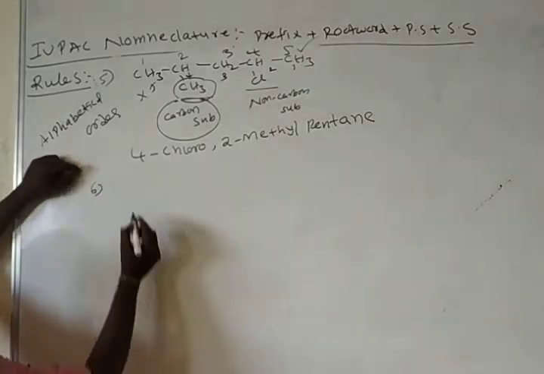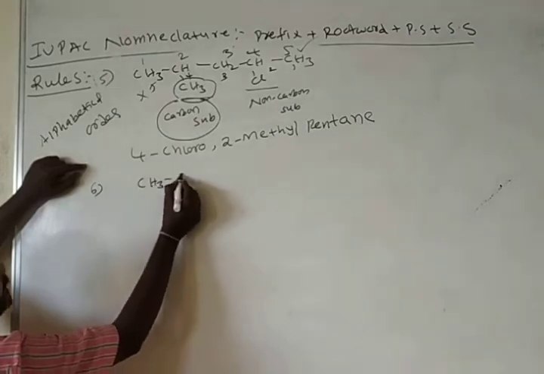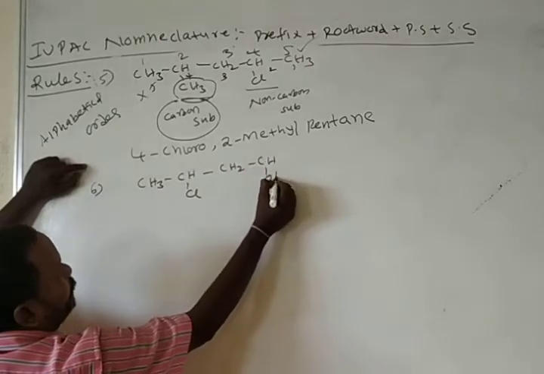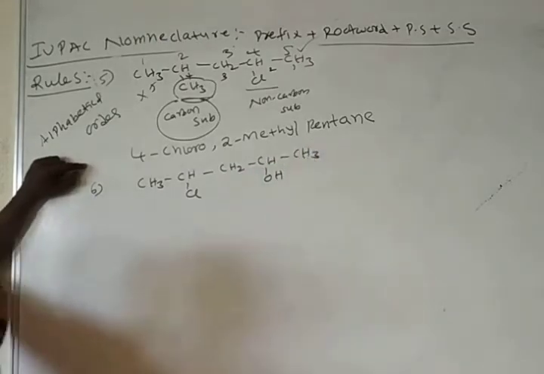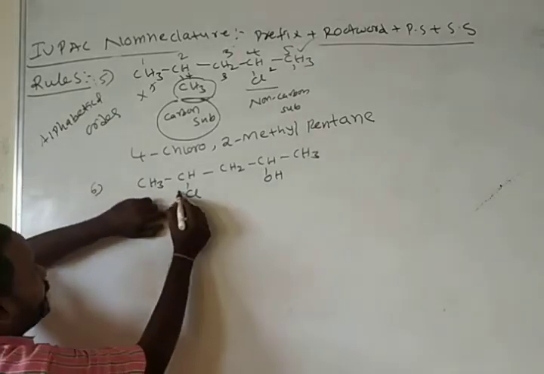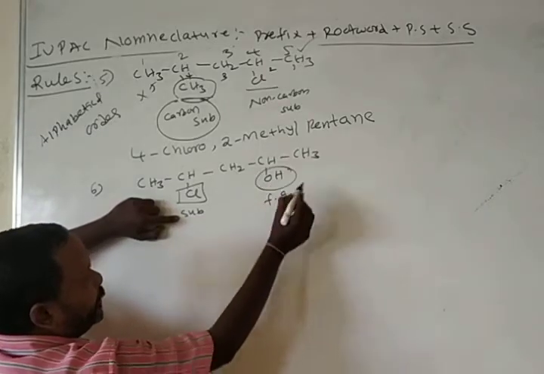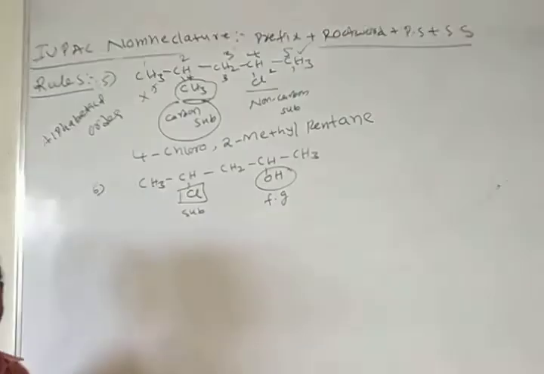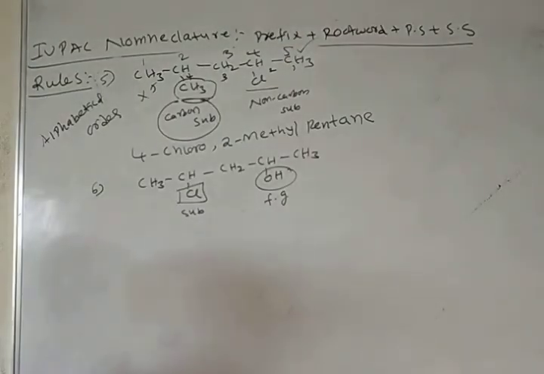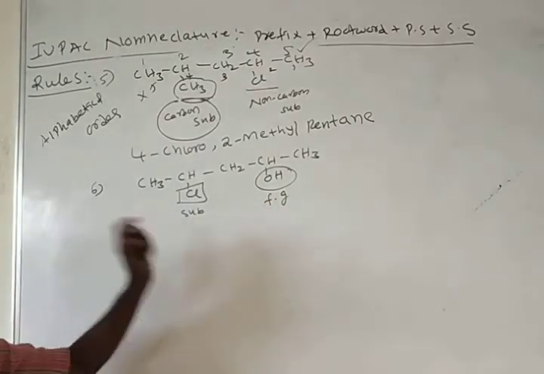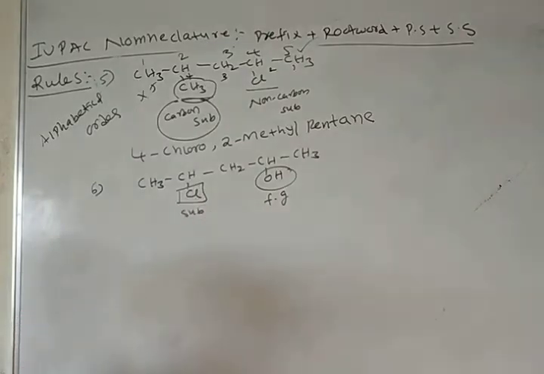In continuation, for example, CH3, CHCl, CH2, CHOH, CH3. Chlorine is a substituent. The OH group is a functional group. Chlorine is a prefix. If both are present in an organic molecule, you should give the preference to the functional group, that means give the least number to the functional group.